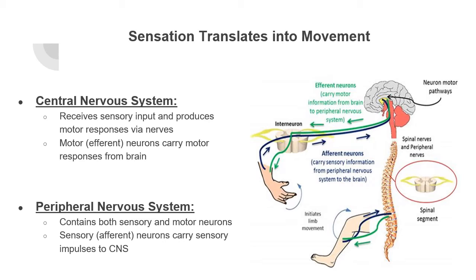The central nervous system is going to be heavily involved in creating movement. This nervous system receives sensory input and then produces motor responses via the nerves that are in the system. Motor or efferent neurons carry motor responses from the brain to the peripheral nervous system to help in the creation of movement.